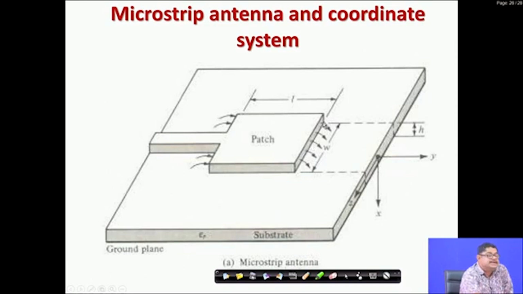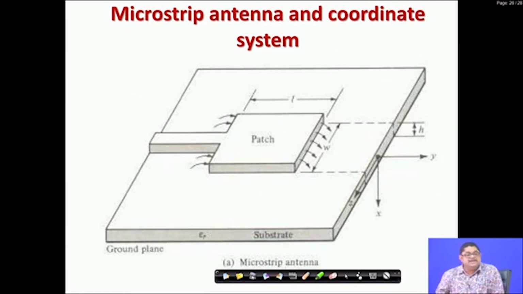Only the fields radiate at these ends, because here the parallel plate waveguide suddenly has an opening. So, this is one aperture, and that side there is another aperture. So, I have now simply two apertures, this is one and this is another. This waveguide's dimension L is cleverly put as lambda g by 2. Lambda g is the guided wavelength, that concept we have seen in case of any waveguide.